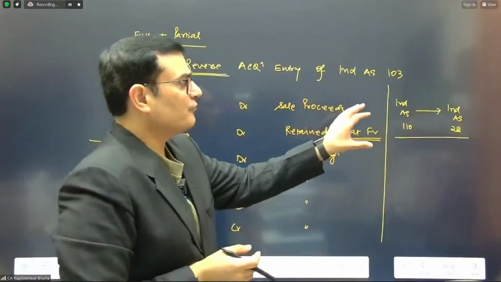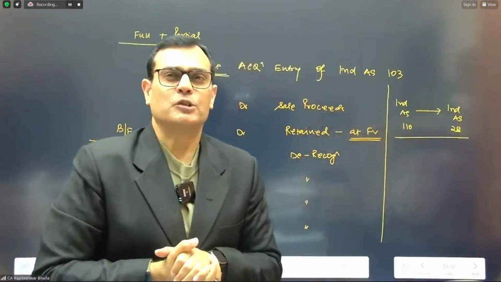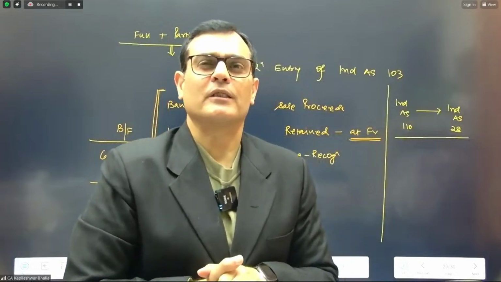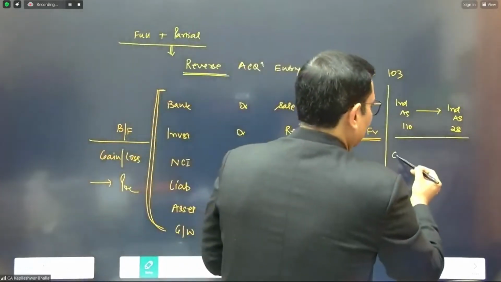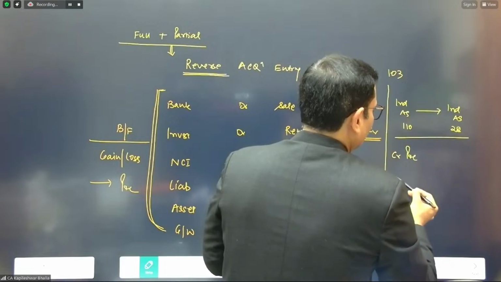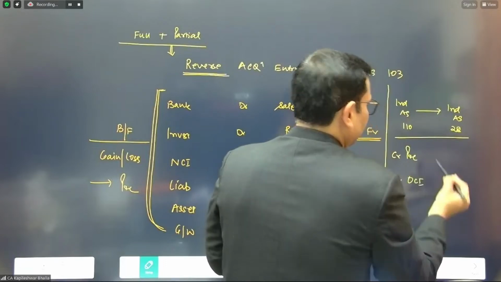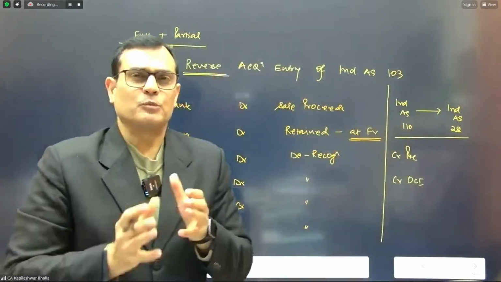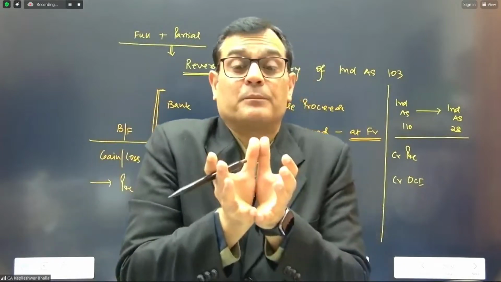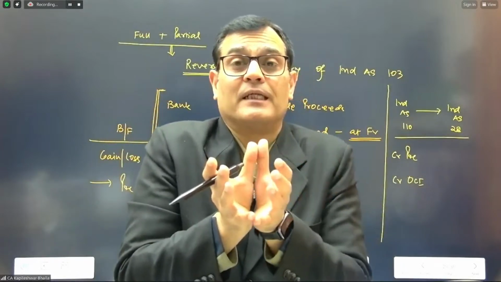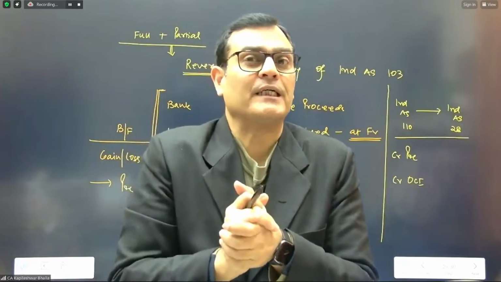If it is a case of Ind AS 110 to Ind AS 28, during the consolidation process, you might have given a credit to the P&L or you might have given a credit to the OCI. Because when you consider the consolidation of the income statement, you would have consolidated P&L, you would have consolidated OCI.